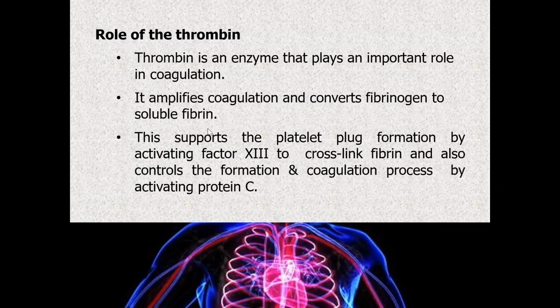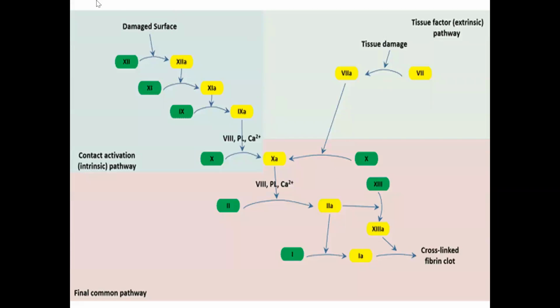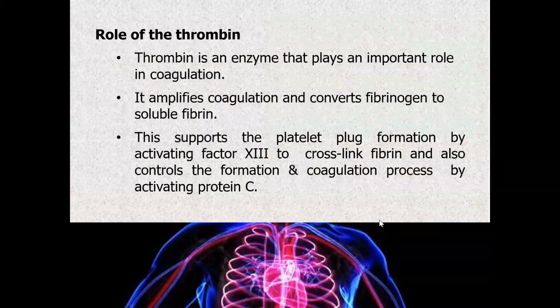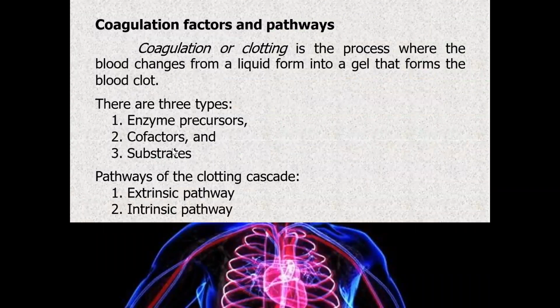Okay, so thrombin supports the platelet plug formation by activating factor 13 to form a cross-linked fibrin or stable clot, and it also controls the formation and coagulation process by activating protein C. Okay, so here only the essential roles or functions of thrombin were mentioned. Thrombin is essential to form a stable clot. Okay, so those are what we call cofactors. Okay, cofactors.